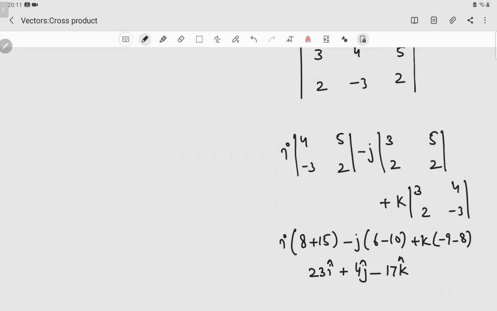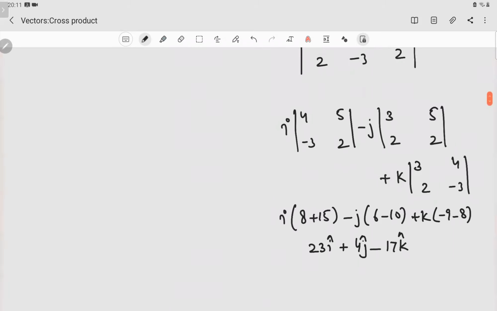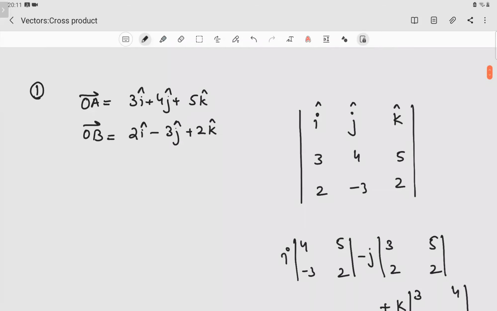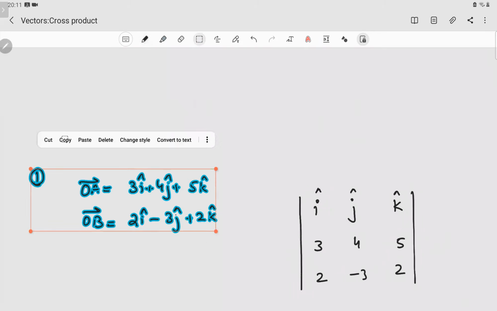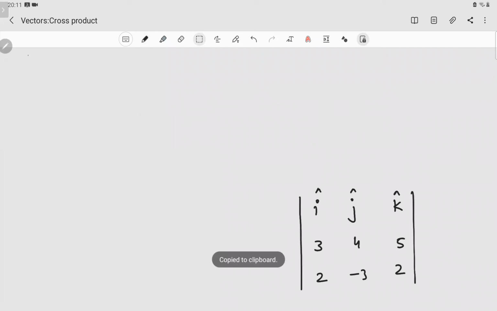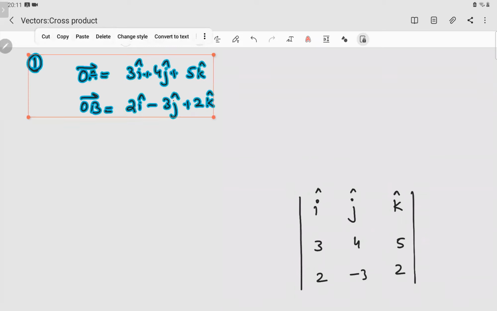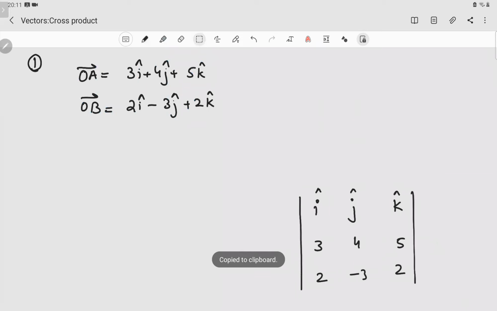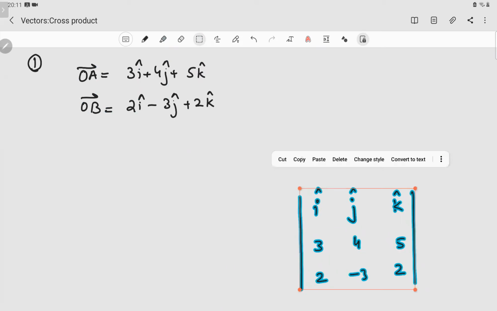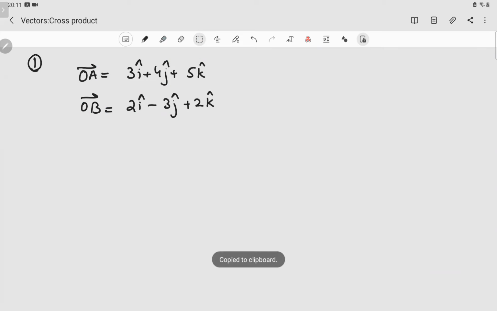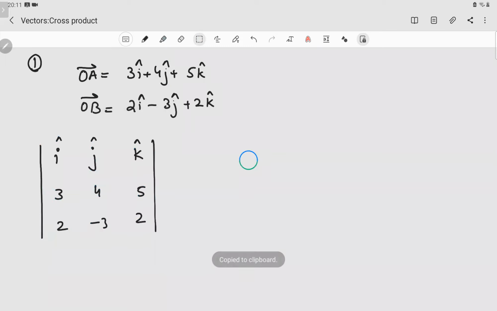We obtained another vector, but we do not know what kind of vector it is. We started by considering two vectors, and using these two vectors we made a determinant whose first row was i, j, k.